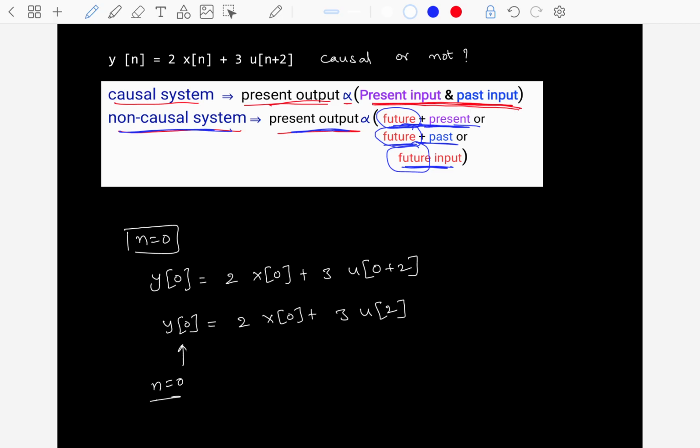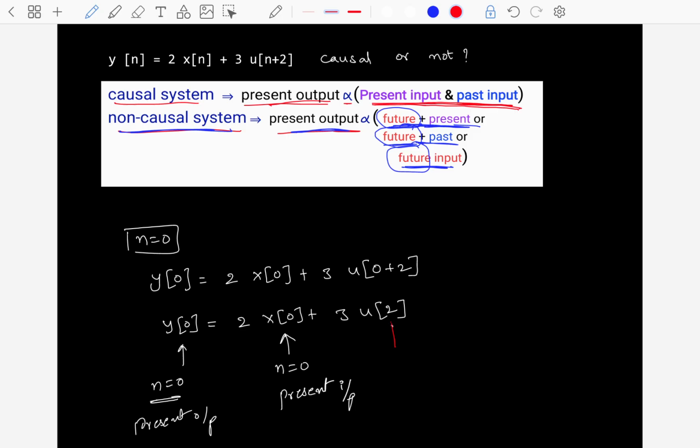This is the present output at n is equal to 0, and this is the present input, at n is equal to 0 only. Here is the main confusion. That's why we call it a special case.